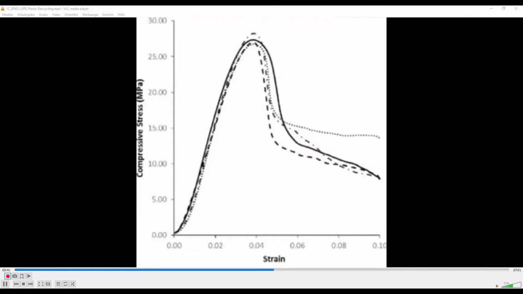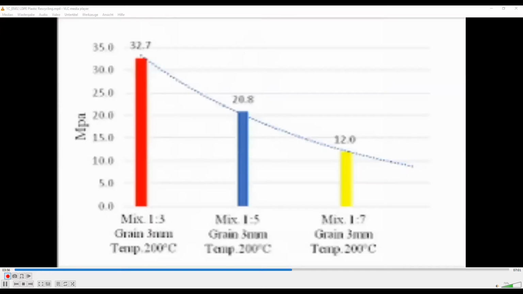We made a tile, and we tested it in our laboratories in university. And here you can see the mix ratio, and you can see how it varies with the compressive strength.